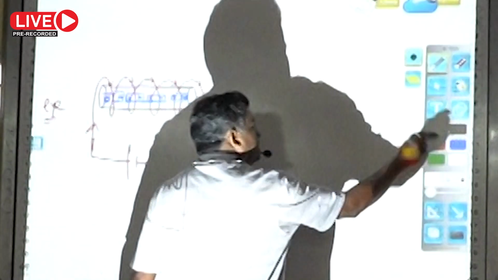So what happens overall? In the region midway, these two poles will cancel each other, these two will cancel each other, these two will cancel each other. So the pole strength is not cancelled only near the two ends.